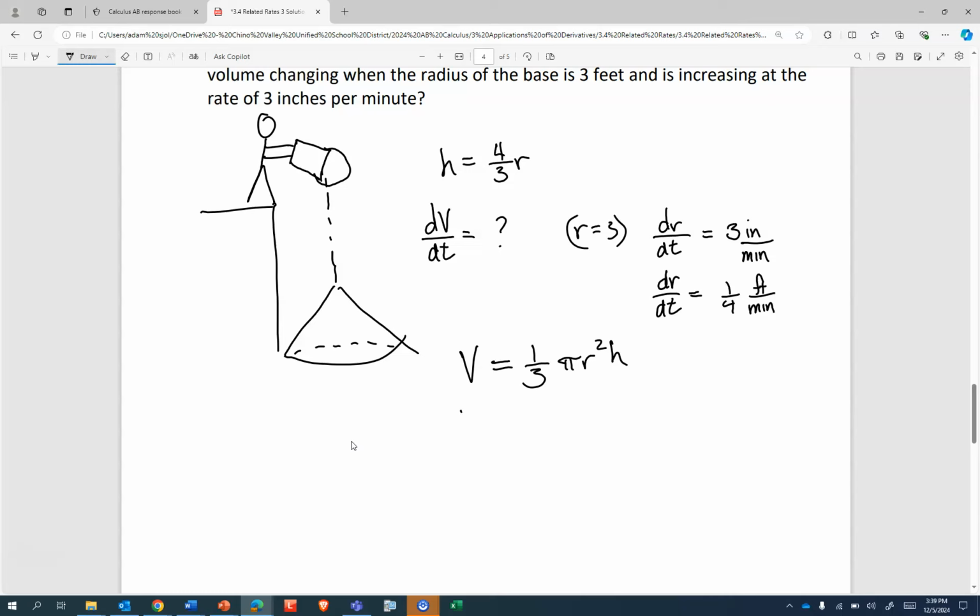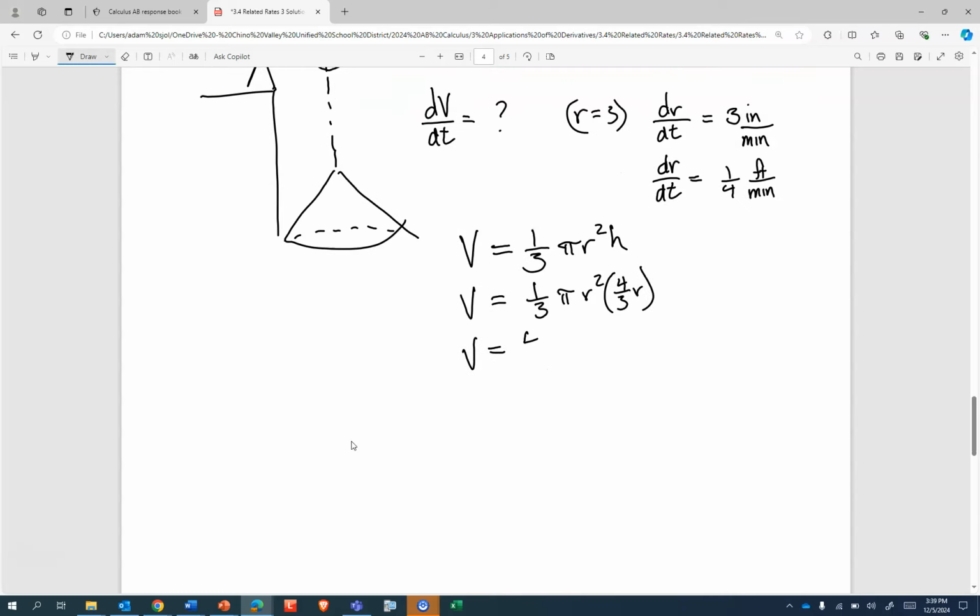And we were already told that 4/3 r is always equal to the height. So the volume we can rearrange to be 4 pi ninths r cubed. So that's a much easier derivative. dV/dt is equal to 4 pi thirds r squared dr/dt.